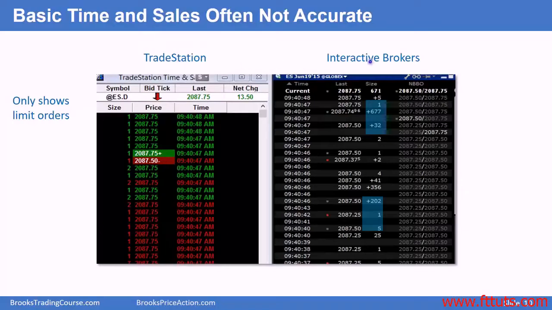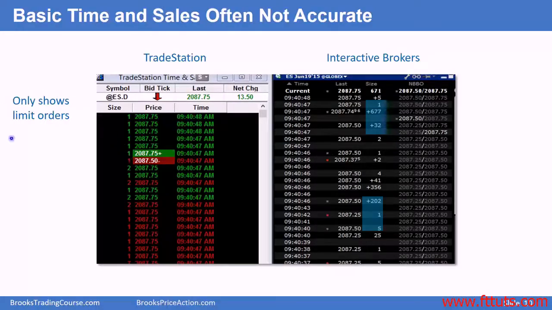Here's TradeStation, here's Interactive Brokers, and this is time and sales. And I'm showing this slide to make the point that time and sales, especially for a lot of brokers, certainly for TradeStation, it's useless. So look at the size of these orders, 1 lot, 2 lot, 3 lot, 4 lot, and here are the times to the second, and you can see corresponding times over here, and look at the size of the orders here, 600 contracts, 32 contracts, 200 contracts.